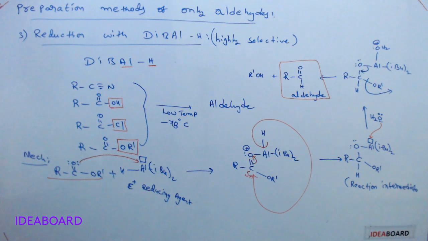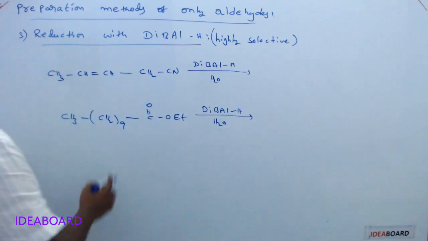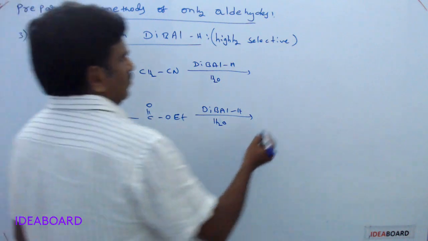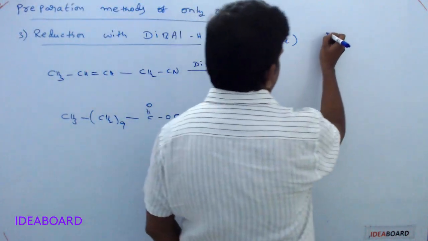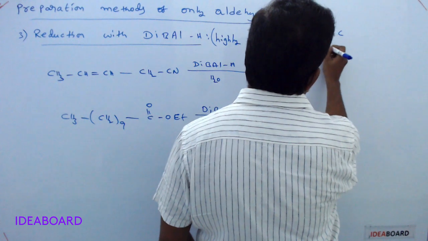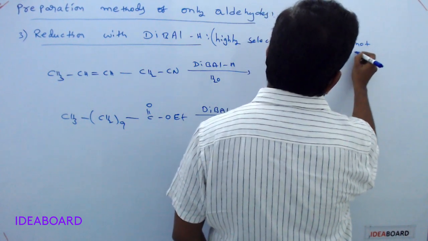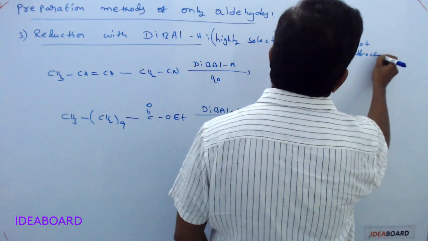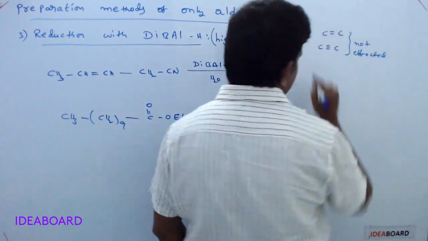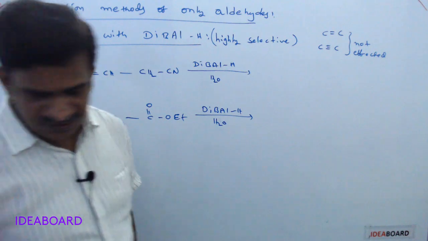We will see another example. In these two reactions, one more important point: C double bond C and C triple bond C are not affected by DIBAL-H. Very, very important point.